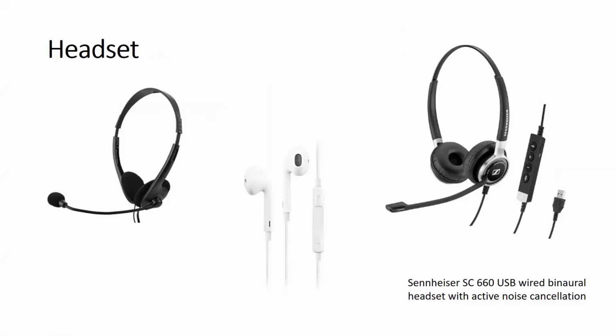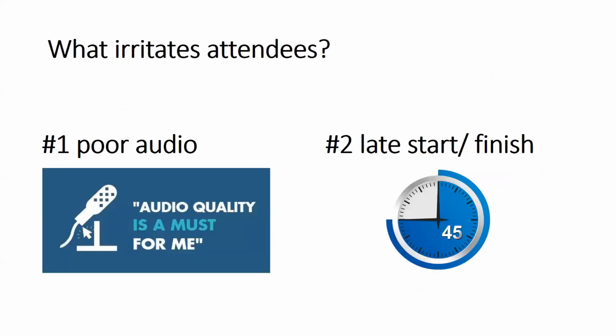When this pandemic's all over, you can upgrade and get the really nice stuff. But at the moment, anything is better than the mic on your laptop. Even then, if that's the best you've got, well, use it, and try to improve it over time. You don't have to aim for perfection. Let's just get things happening. But a reminder, the thing that irritates attendees most is poor audio quality.